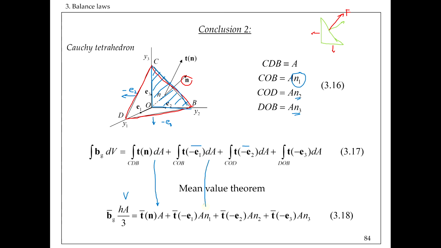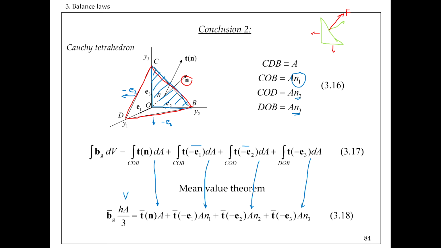This is the area here, obviously. So we will calculate that, and in a similar manner for COD, the area will be an1 and n2, and then here the integration, the area will be an3, and so these are the average values of the traction.